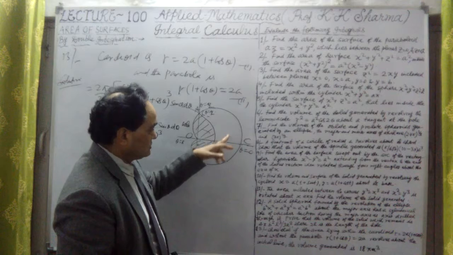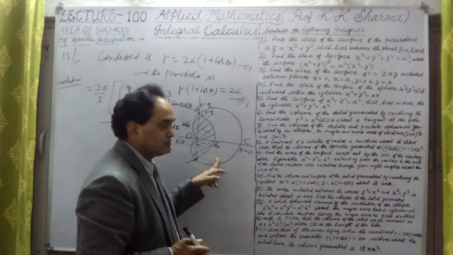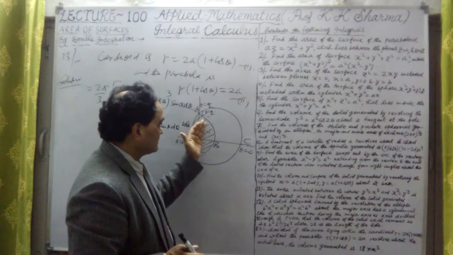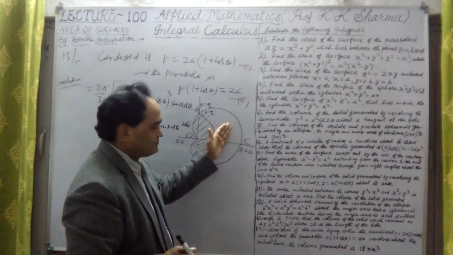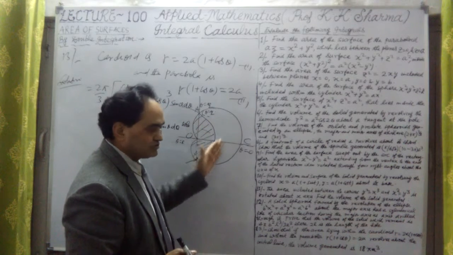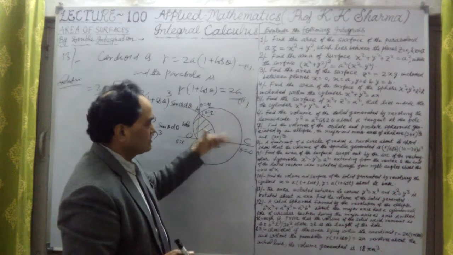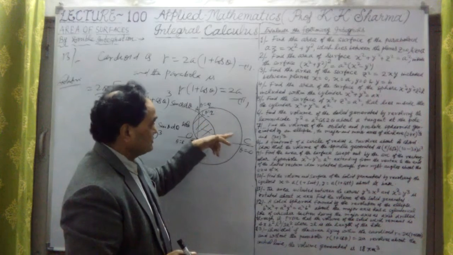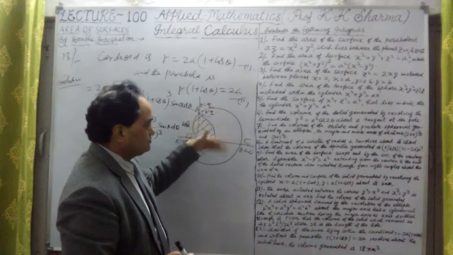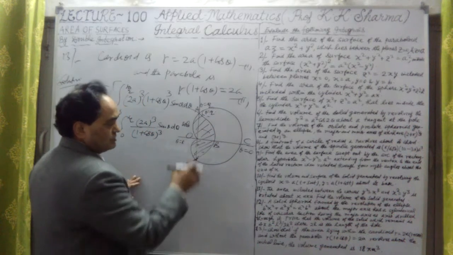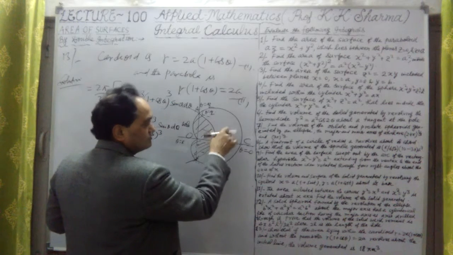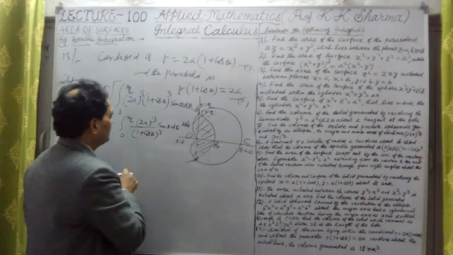We have to find out the volume of the solid after subtracting this parabola from the cardioid, and this blank space is the solid obtained. When this area is revolved about the initial line, the volume is obtained. That volume we are calculating here.